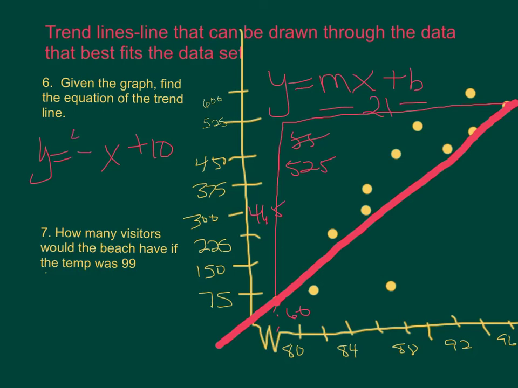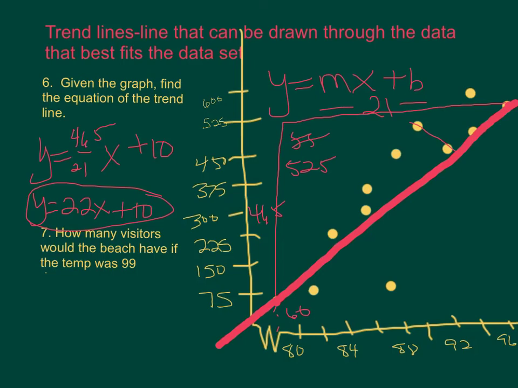So we're going to have 465 over 21. I'm going to change that to a decimal. That's about 22. So y equals 22x plus 10. There's my equation. Now yours might be different if you pick 2 points. Obviously you wouldn't pick those 2 points because that does not represent the line.